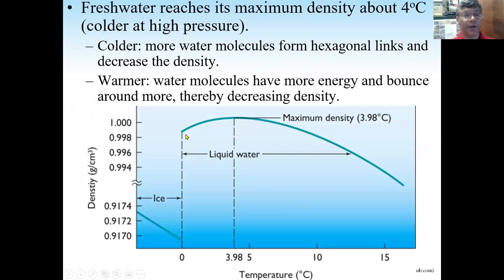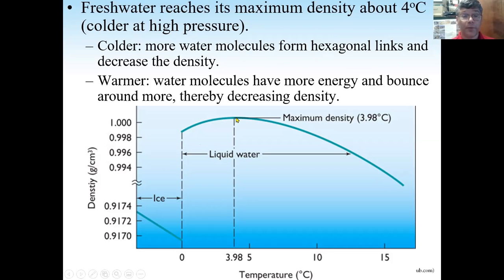Here's a diagram version of this. Pure water is at its densest just below 4 degrees Celsius, assuming we have ordinary atmospheric pressure. As we get colder, again, we're starting to line the molecules up like making ice, and so it gets less dense there. Again, this is very unusual. Water does this, but hardly anything else does.